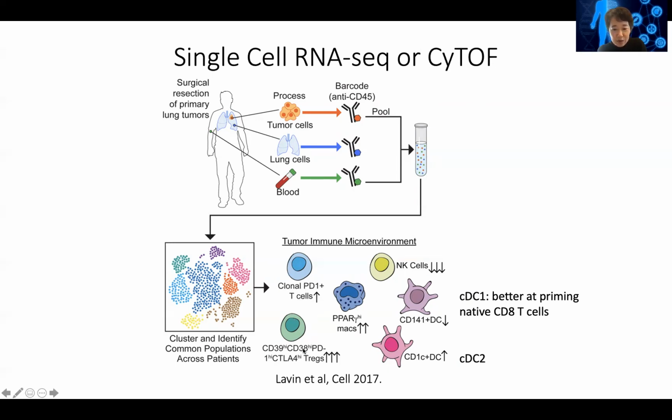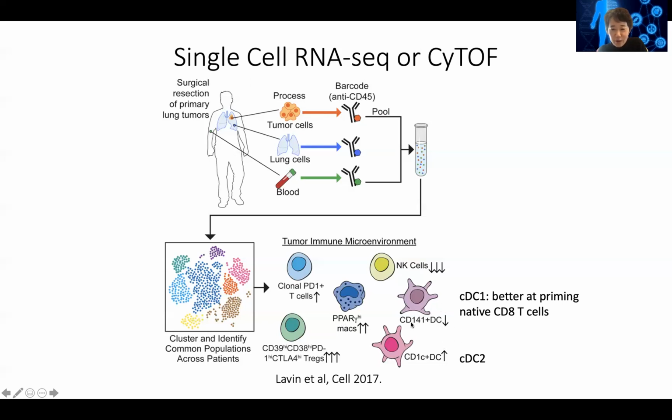They see an increase of CTLA4 high regulatory T cells. Tregs are also bad. They suppress T cell activation. And they see the PPAR gamma high macrophage. This is a macrophage going more towards the M2 phenotype. They see a decrease in NK cells, and they also see two different dendritic cell populations.